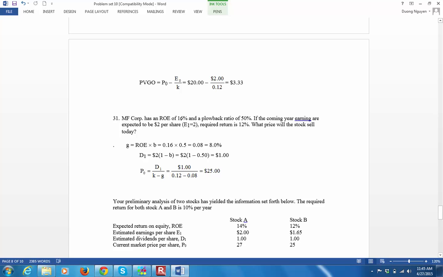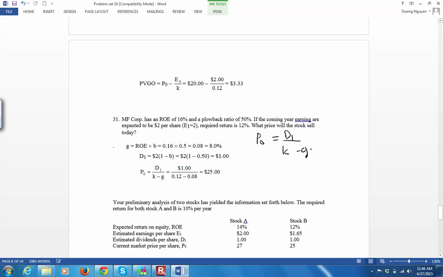Okay, return on equity, what is the price the stock will sell for today? Using this formula, the stock price is P0 equal to D1 over K minus G. D1 is equal to E1 times 1 minus B. E1 is 2 times 1 minus B, which is 0.5, and this is equal to $1.